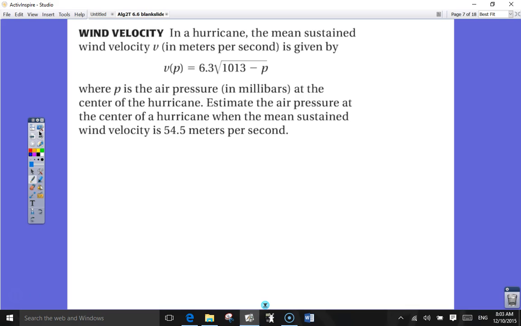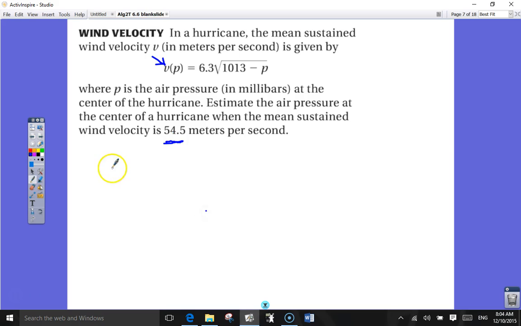Well, there's only two things you can do with it, right? You're either going to put it in the place of P, or you're going to put it in the place of V of P. Which is it? Right? The mean velocity is this V right here, so we're replacing that with the 54.5. They say find the pressure, so we don't know the P, which is pressure. So we're substituting for the other thing.